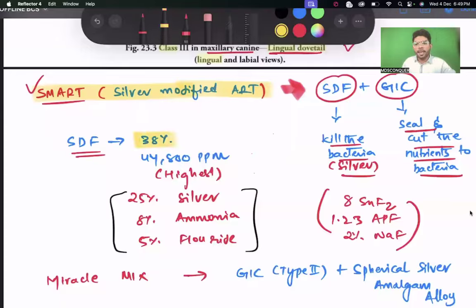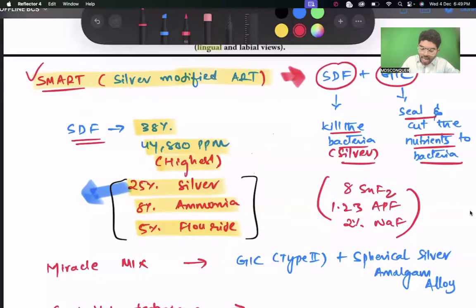It contains 25% silver, 8% ammonia, and 5% fluoride. The main use of silver, already discussed, is that silver is antibacterial.